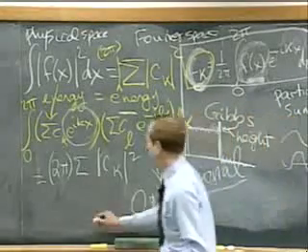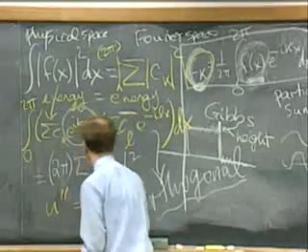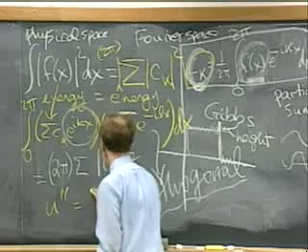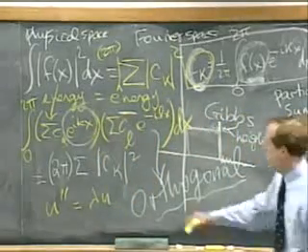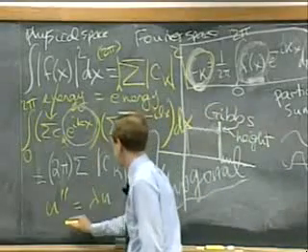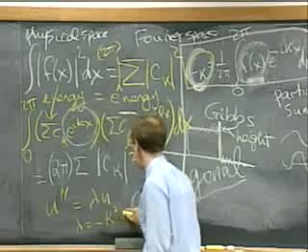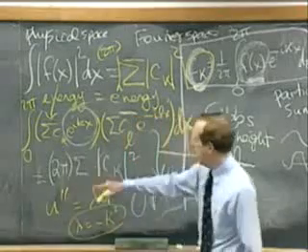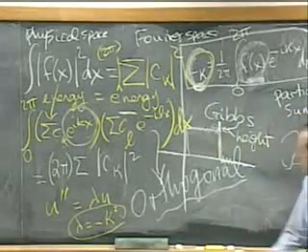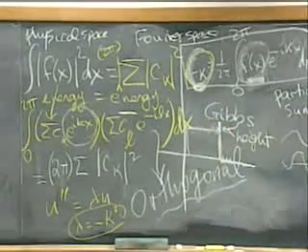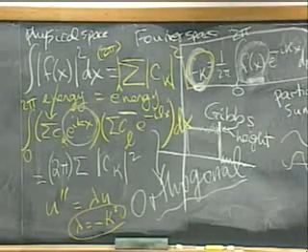Just u double prime equal lambda u, so it's embarrassingly easy, right? Then u is e to the ikx, and lambda agrees with minus k squared, because two derivatives will bring ik down twice, and we'll get minus k squared. Good. So I guess nobody had the gall, or hubris, to give his name to that equation.